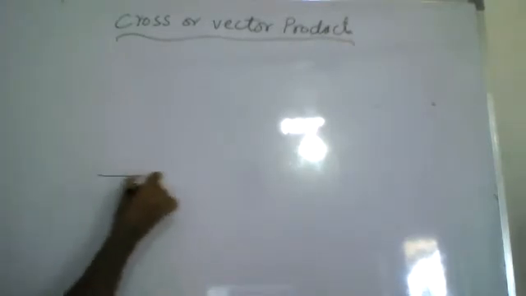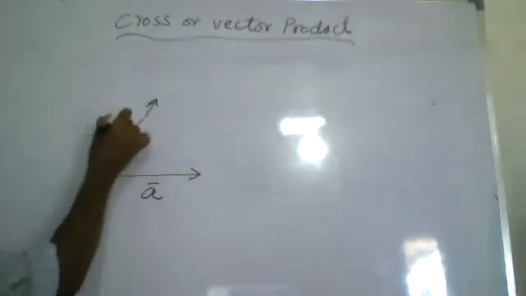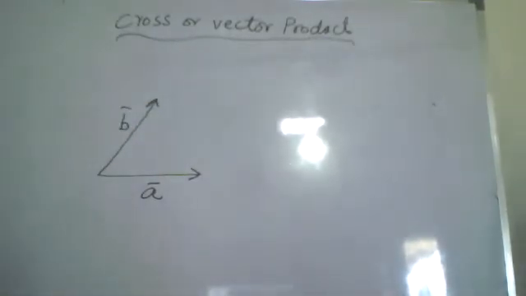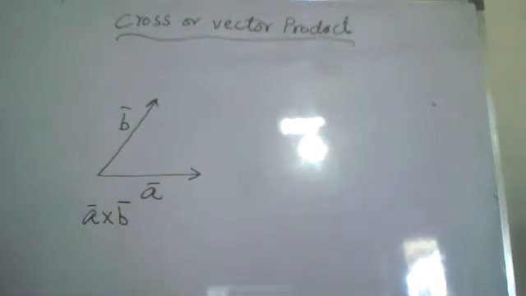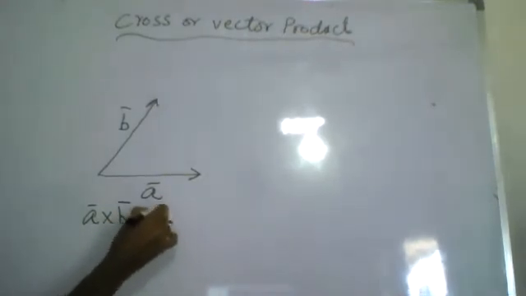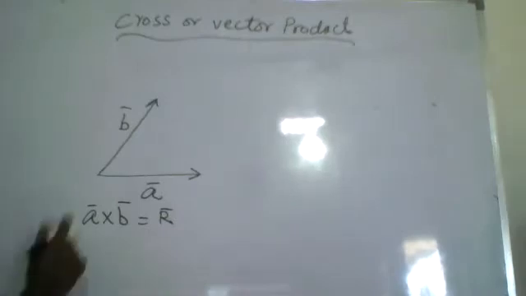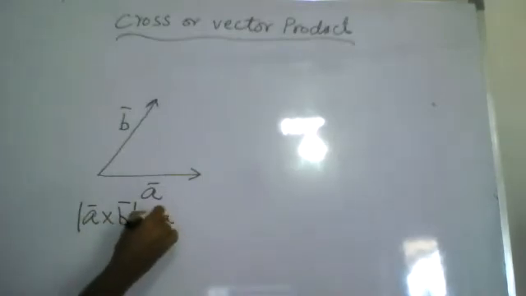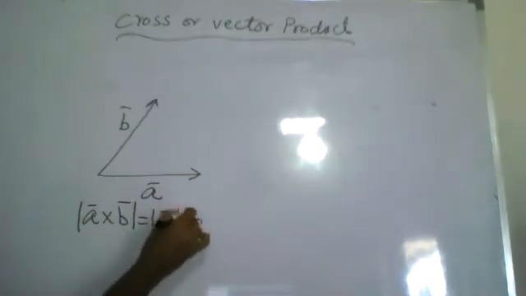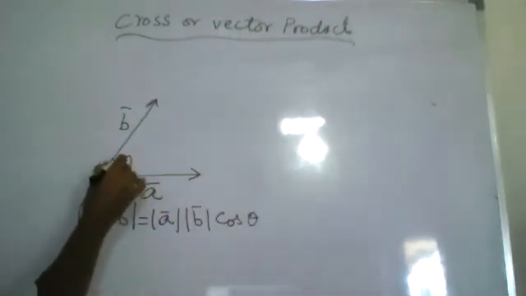If this is the vector A and this is the vector B, when two vectors are multiplied, A cross B, the resultant vector will be perpendicular to A and B. The magnitude is the magnitude of the vector A into the magnitude of the vector B into sine of theta, where theta is the angle in between them.